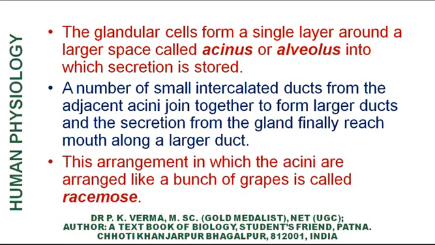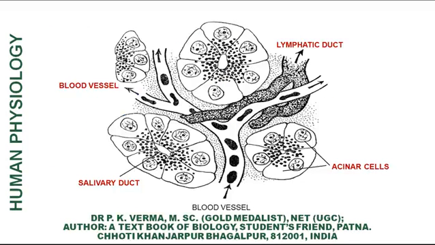Such an arrangement in which the acini are arranged like a bunch of grapes is known as racemose arrangement. In this diagram, you can see the transverse section. Acinar cells surround a small space enclosing the duct of the salivary gland. These glands are also supplied richly with blood vessels and lymphatic ducts.